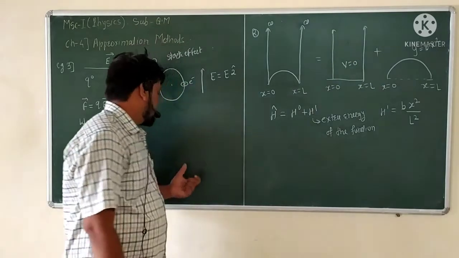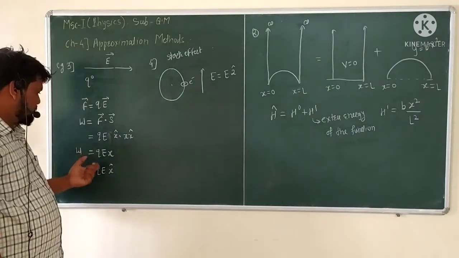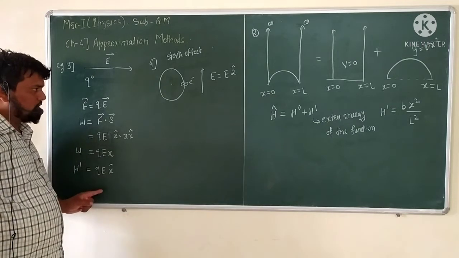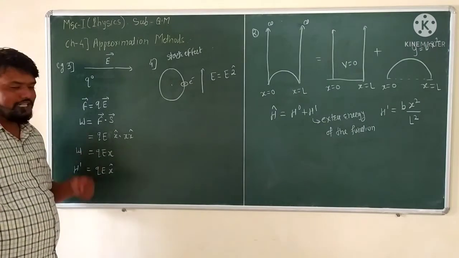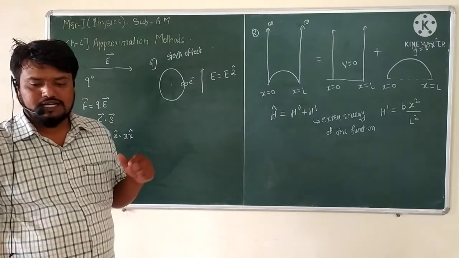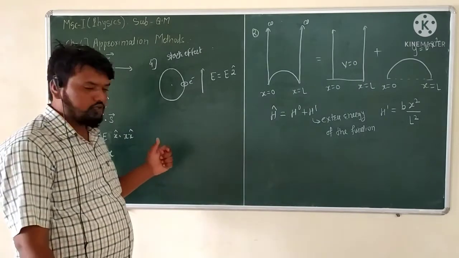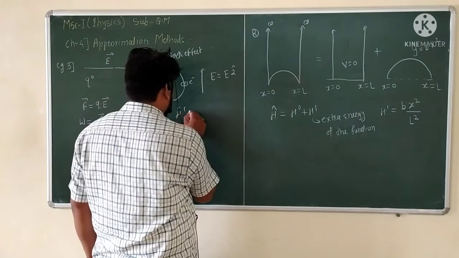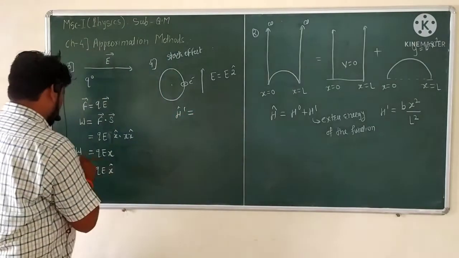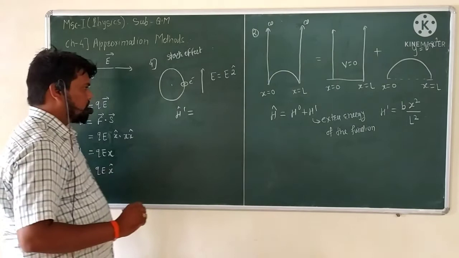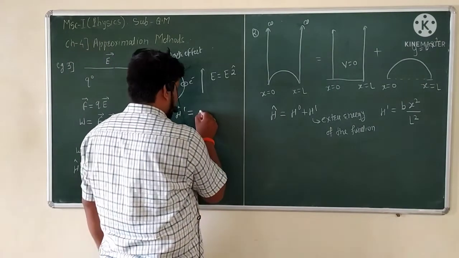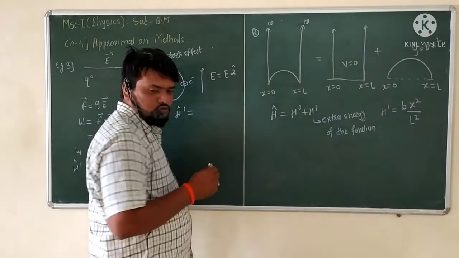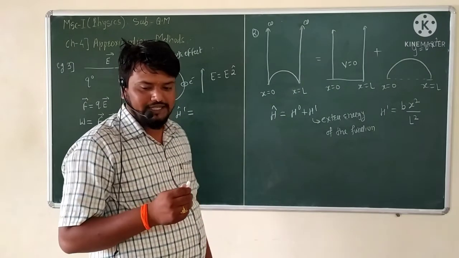Let's see here, the energy is QEX cap, that perturbation value. Similarly here an electron is present, so the energy function H prime is the perturbed value, E into Z cap.